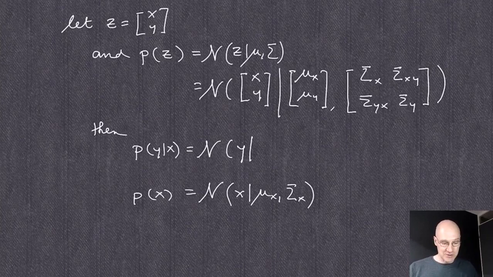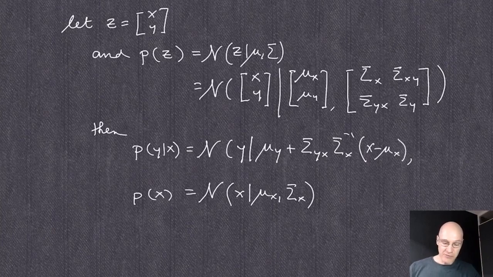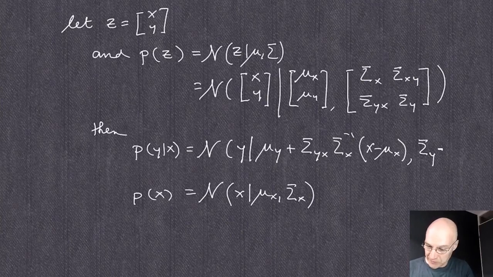The formula is going to be mu y plus sigma yx sigma x to the power minus 1 (x minus mu x), and for the covariance, sigma y minus, and now I hope it's going to fit, sigma yx sigma x to the power minus 1 sigma xy.